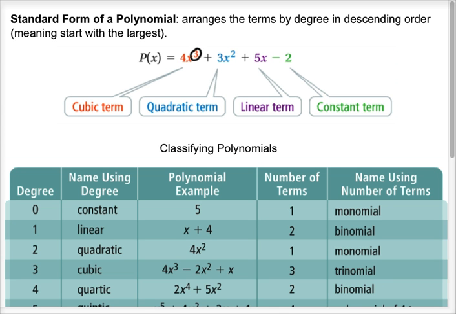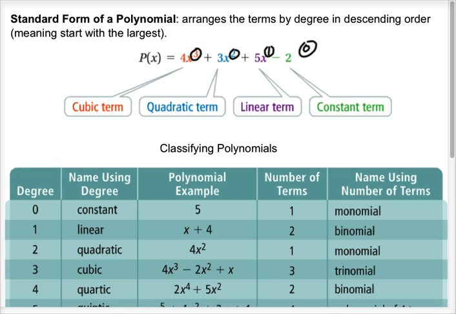So we start with a 3, then to 2, then to 1, then to the constant, which is degree 0. Okay, so that's all standard form means. Arranging the order, so you're starting with a term with the highest exponent and writing it from there.